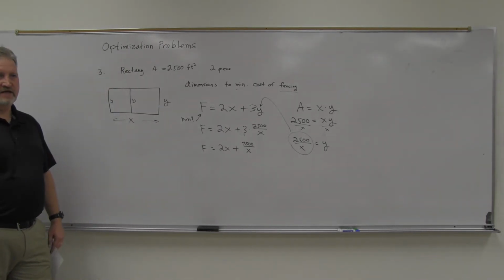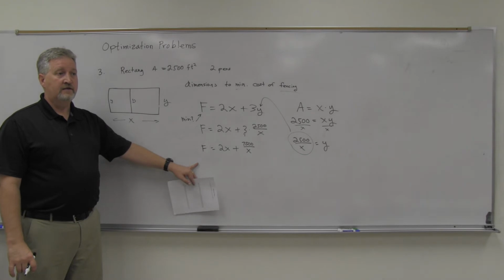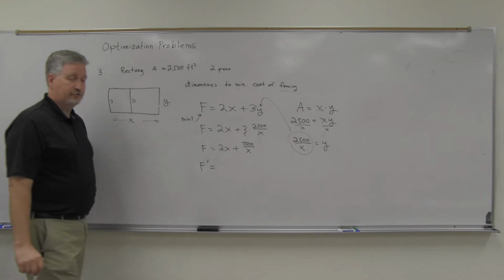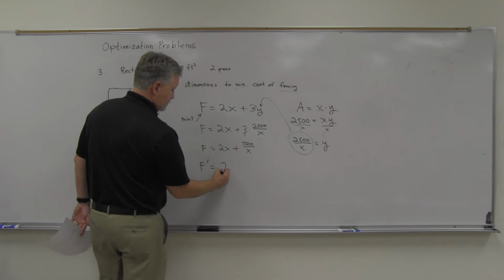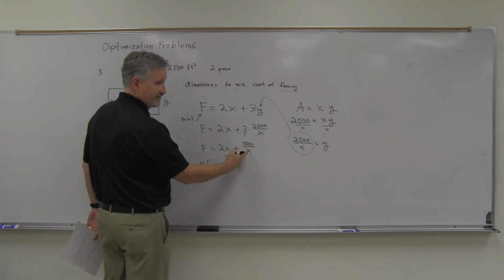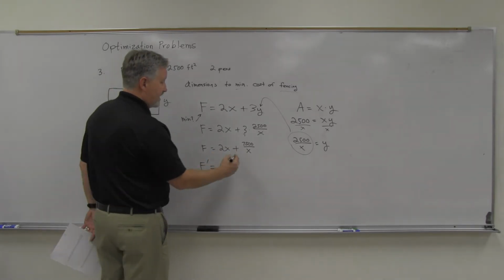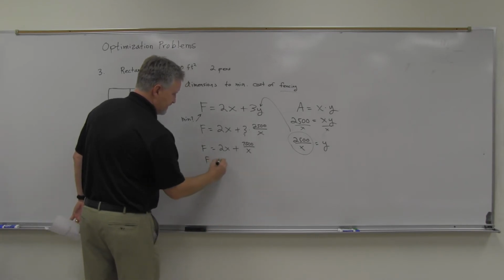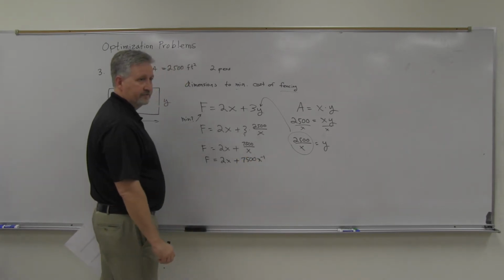That's what I want to minimize. And now it only has one variable, so now I can do the derivative, because that's how I'm going to find this critical number, is get the derivative and set it to 0. So the easy derivative here, that's 2. What's the derivative here? 7,500 over x. You could do the quotient rule, but couldn't I write that as 7,500 x to the -1, then I can just use the power rule?